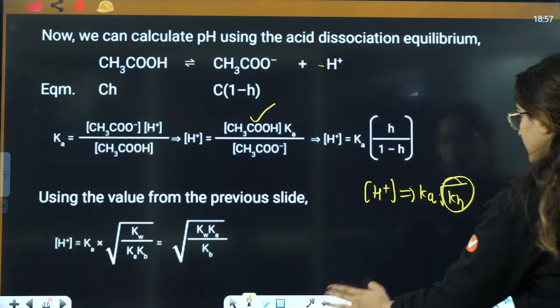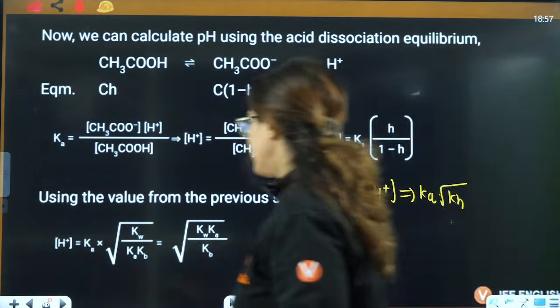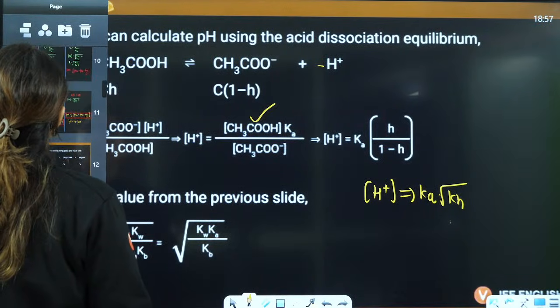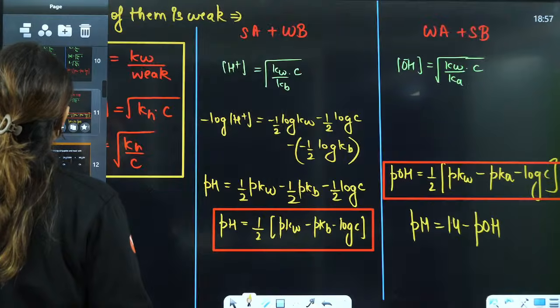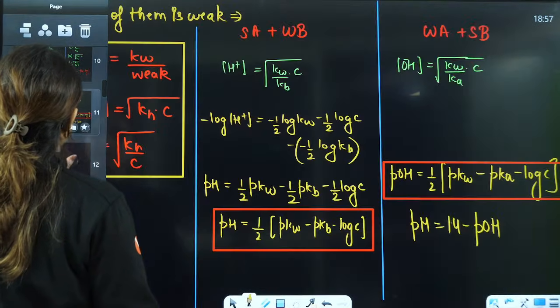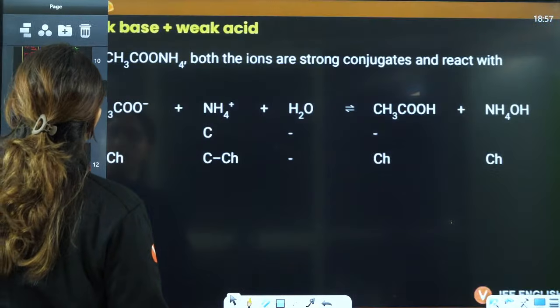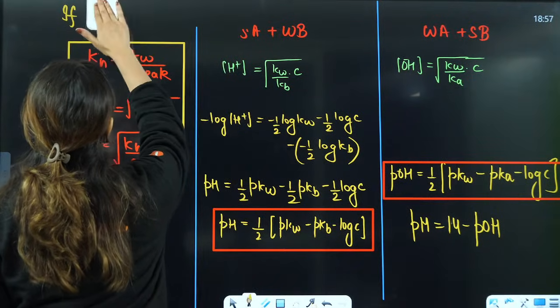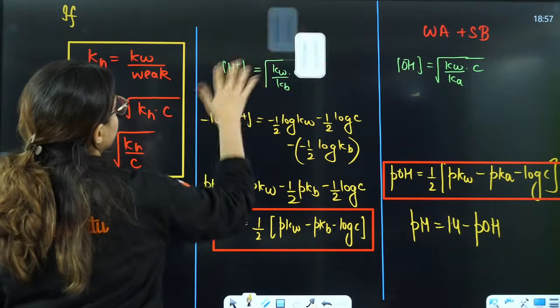I'll just write it here. So you can make one more point here: if both of them are weak, if both are weak, then what you will say?